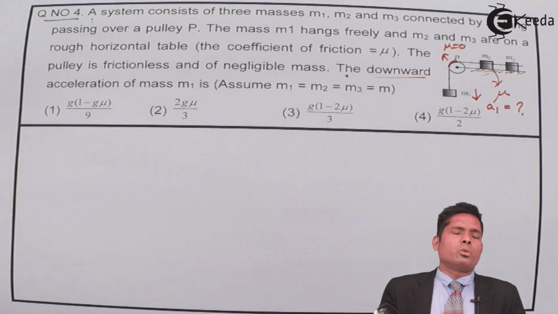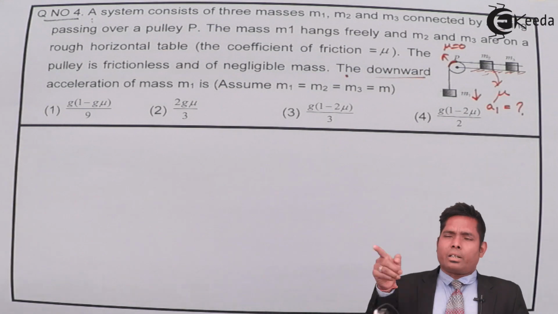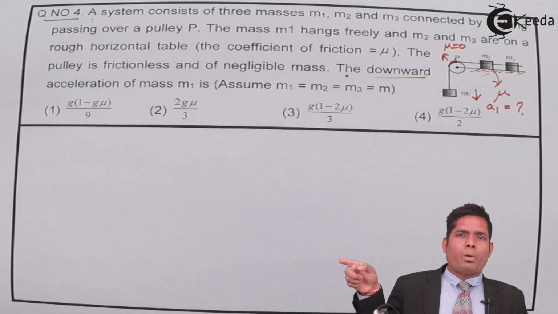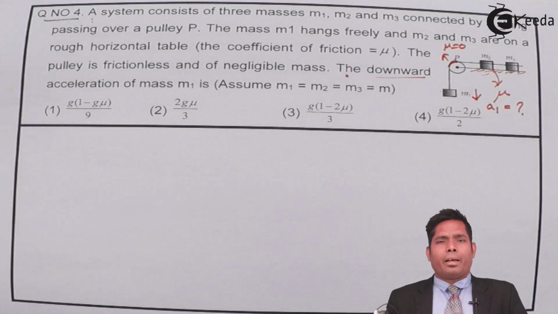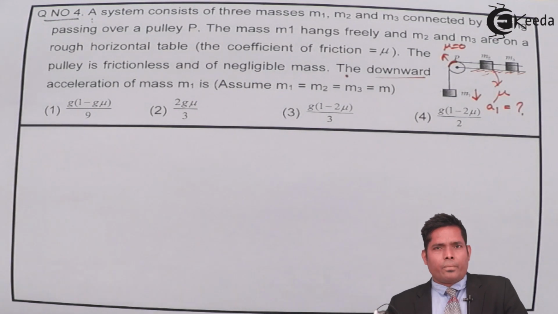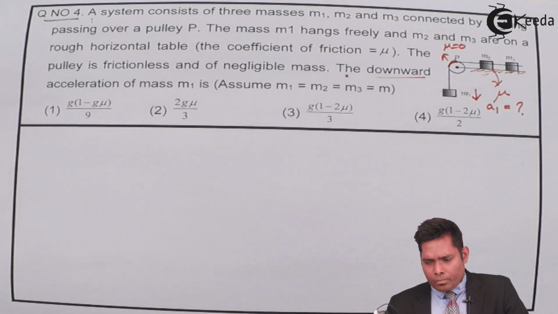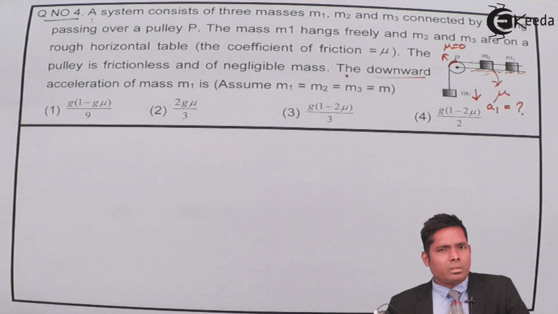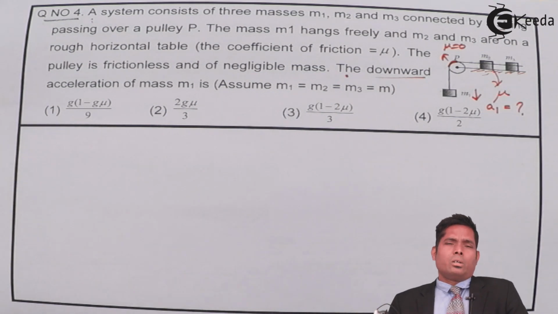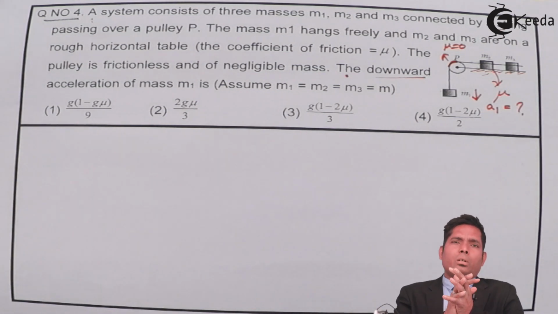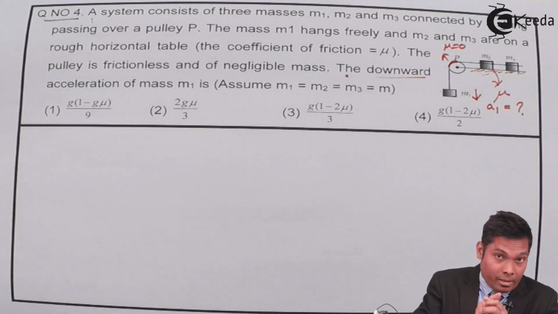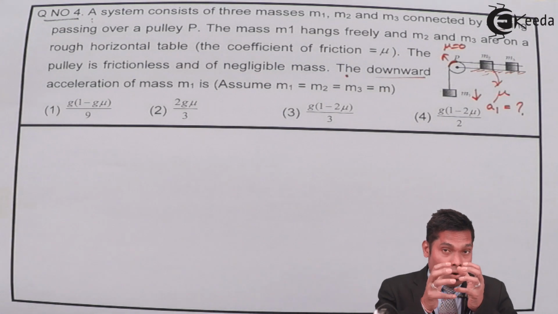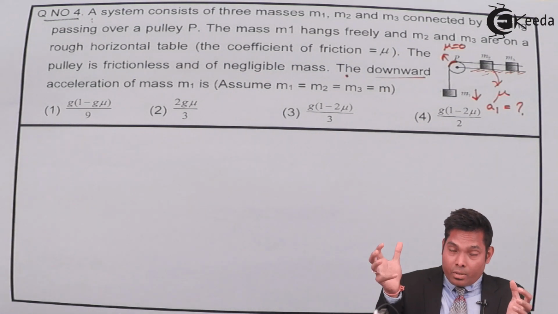They are connected, so all three blocks will have the same acceleration. So I will treat the three blocks as one block, but I have to find the net force acting on those blocks.